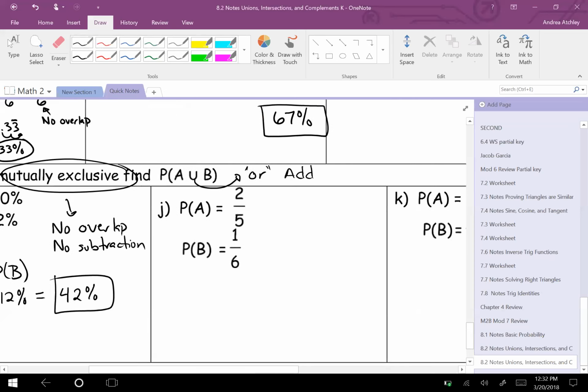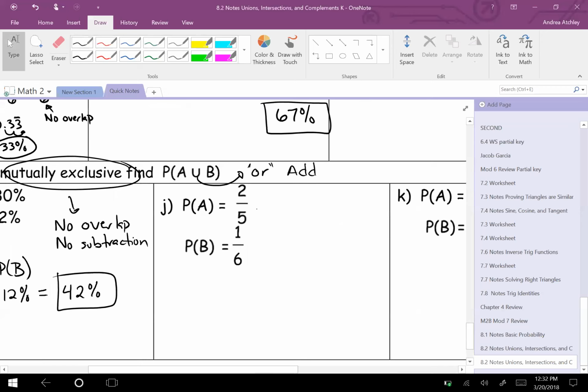Okay, J, I'd rather work with percentages, so I'm going to change this into percent. So 2 divided by 5 equals 0.4. I'm going to move my decimal over twice to get 40%. Then I'm going to do 1 divided by 6 to get 0.16 with a line above it.